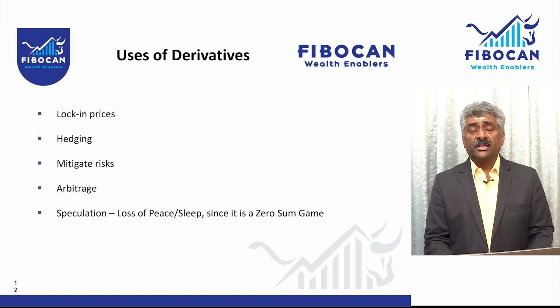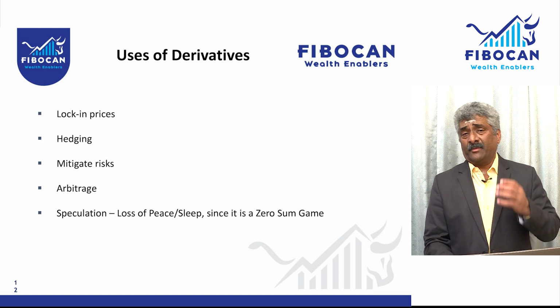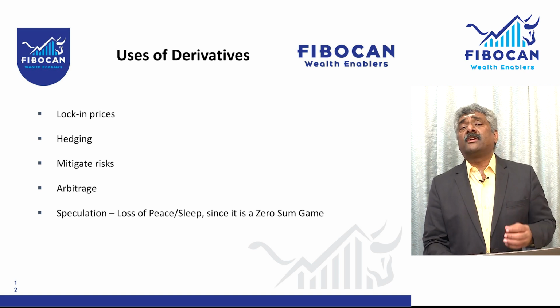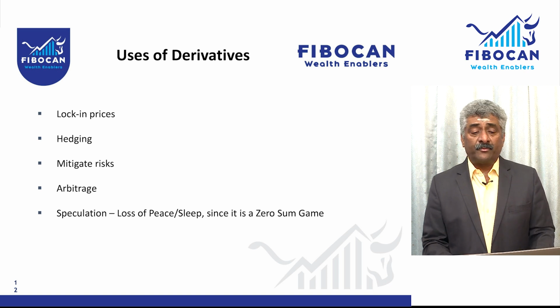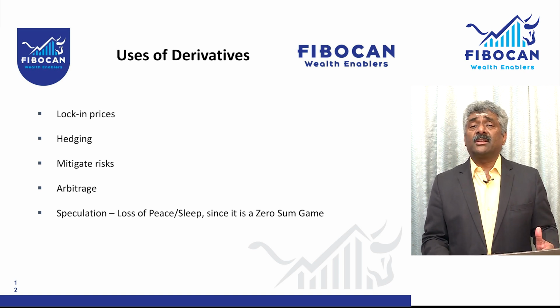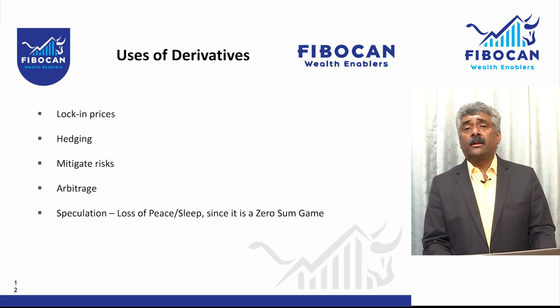Then speculation: people speculate, and unfortunately they lose peace and sleep, since it is a zero sum game. Is it really worth it? Hence I humbly request all speculators, please don't speculate, please use strategies and risk mitigating strategies. Risk management is very important in derivatives trading.